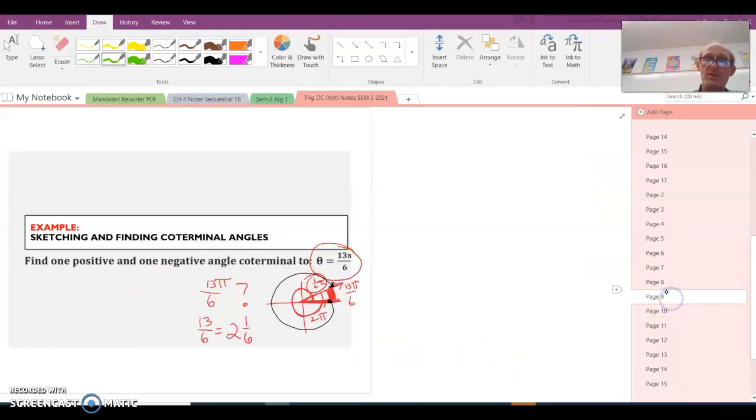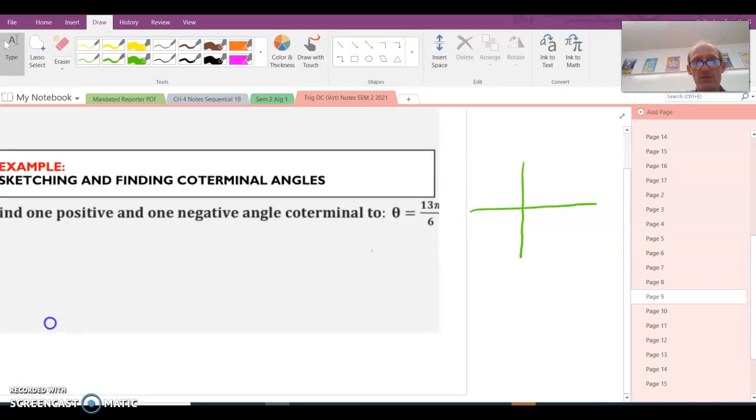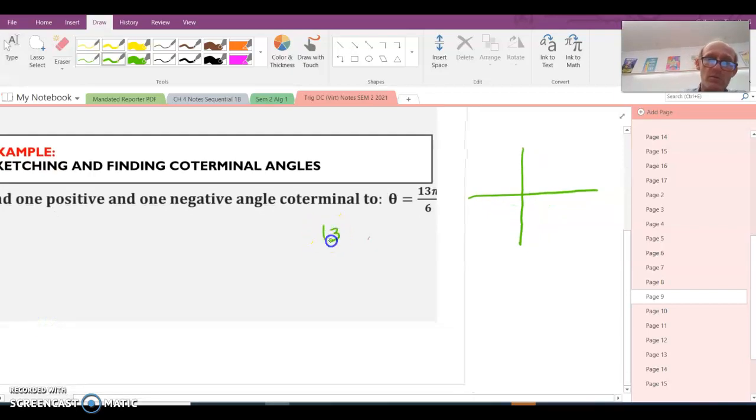The next example says 13 pi over 6. Okay, so 13 pi over 6 is right here, this sketch, 13 pi over 6. We're going to think about this. Well, 13 over 6 is 2 1/6.